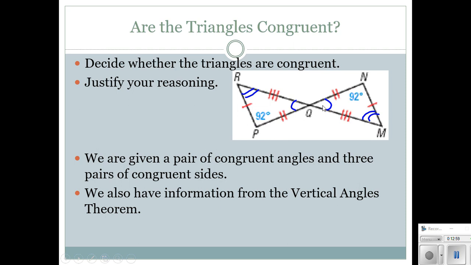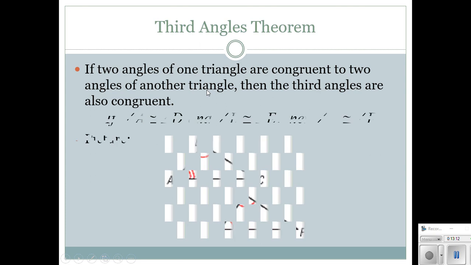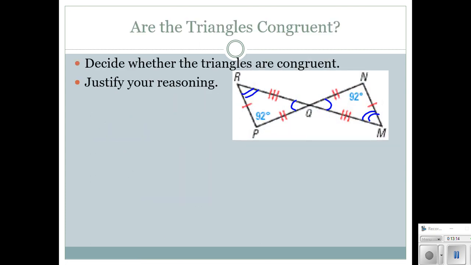Angle 2 is congruent based on the vertical angles theorem, because vertical angles are congruent. Then based on the third angles theorem, if 2 angles are congruent, then the third angles are congruent, so we can conclude that these two, angle R and angle M, are congruent.